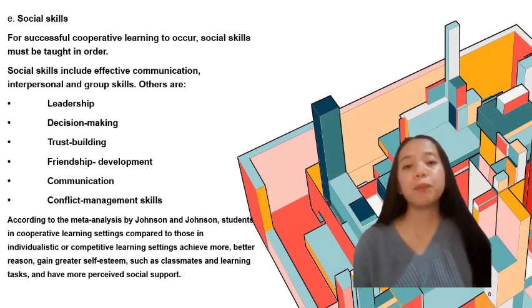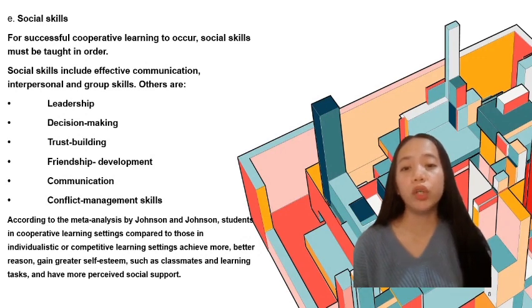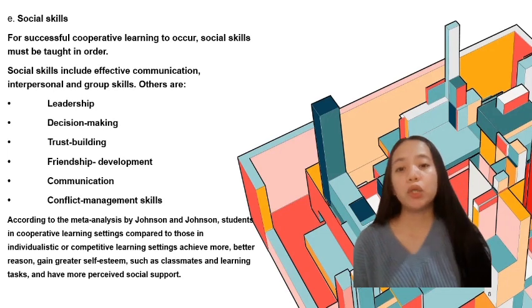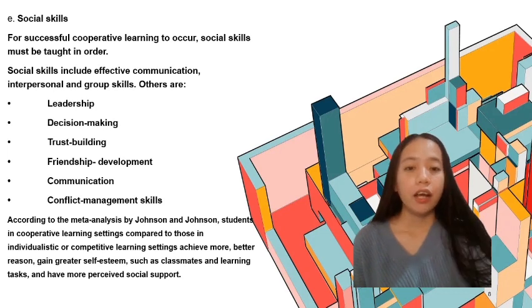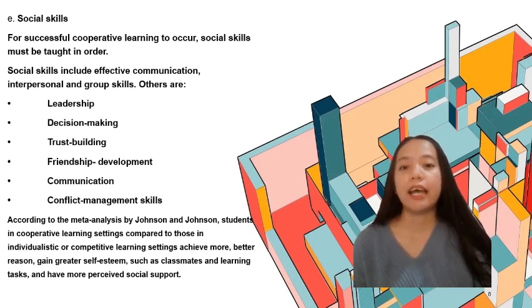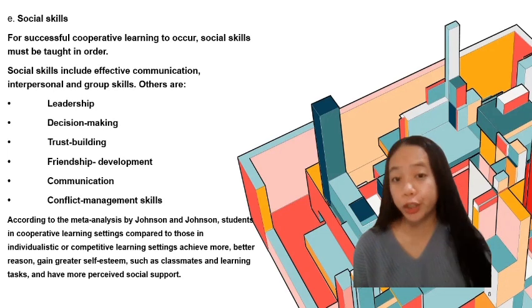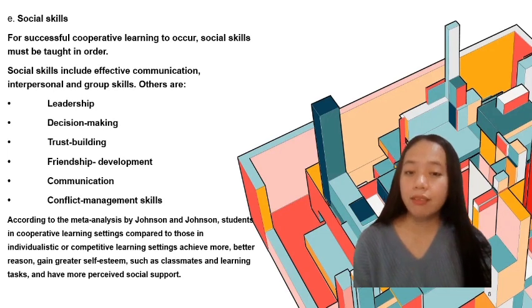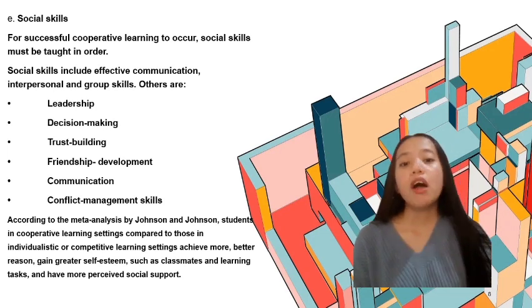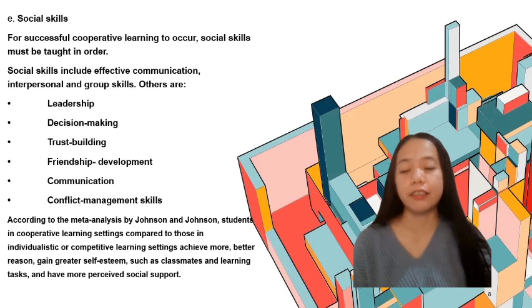For successful cooperative learning to occur, social skills must be taught. Social skills include effective communication, interpersonal, and group skills, and others are leadership, decision making, trust building, friendship development, and conflict management skills.